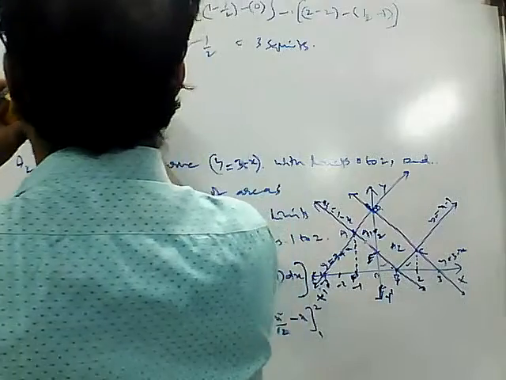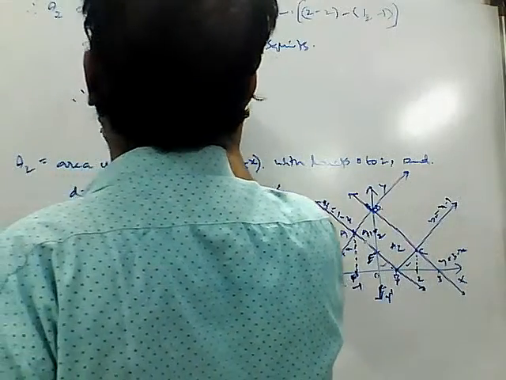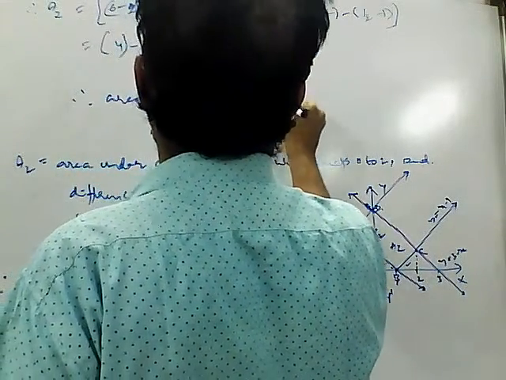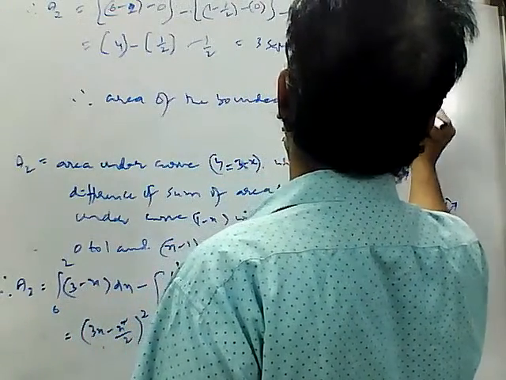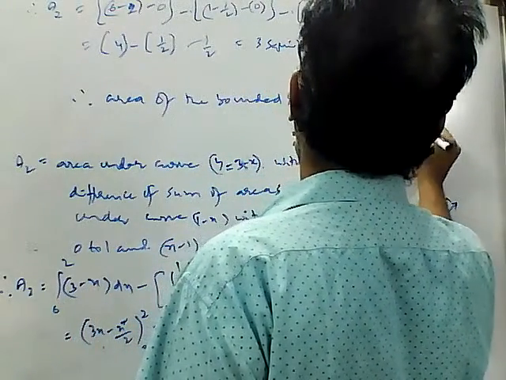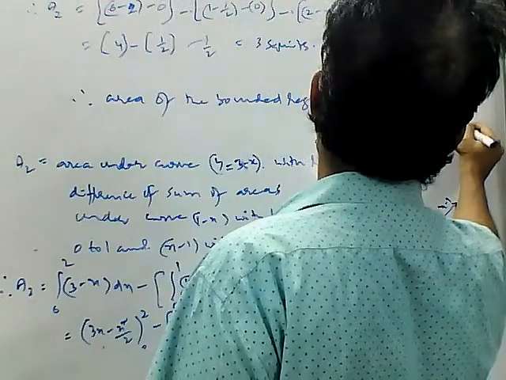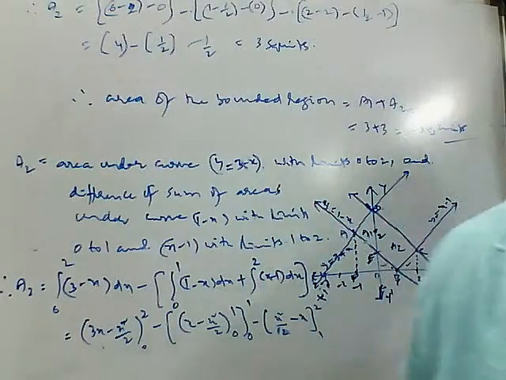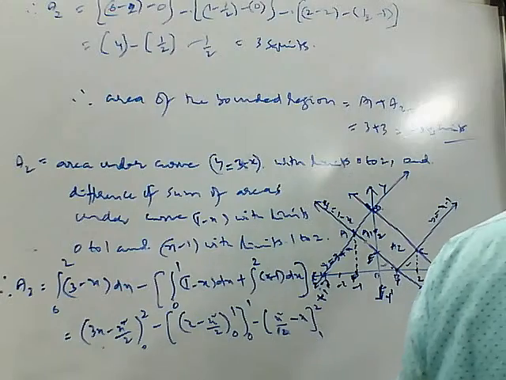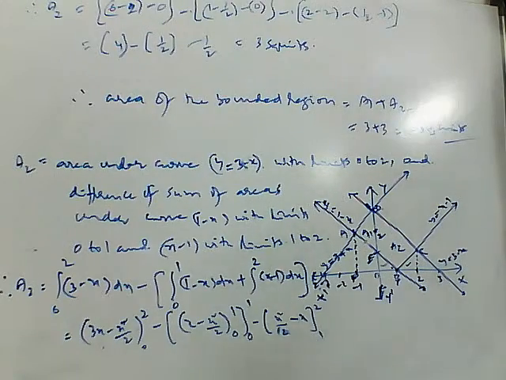Therefore, the area of the bounded region is equal to A1 plus A2, which is equal to 3 plus 3, that is equal to 6 square units. Now done.